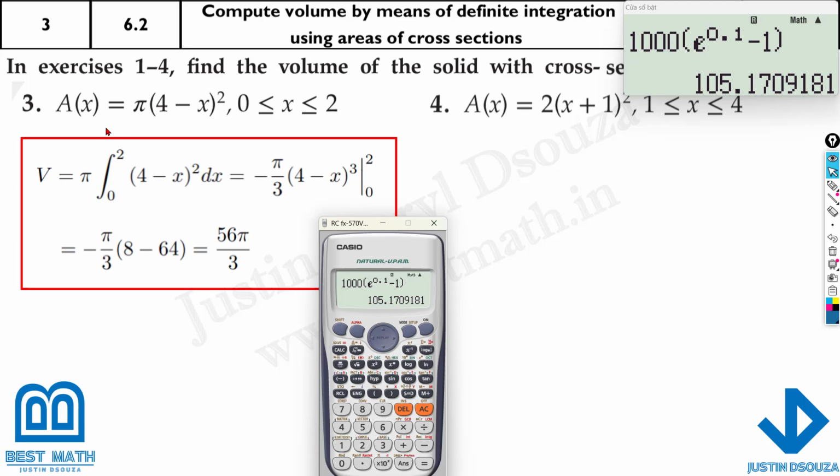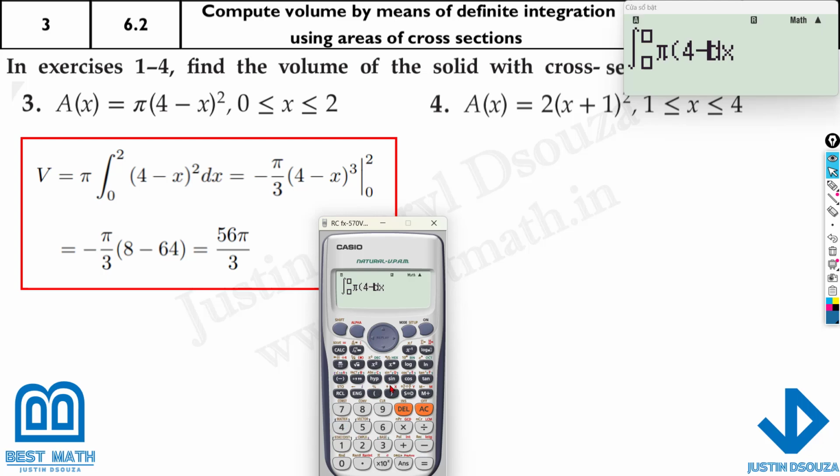Even over here, now let's see, make sure it's in radian mode because you have pi here. Integral, pi is shift and the symbol here. Open the bracket, 4 minus x. Sorry, it's 4 minus x, close the bracket, and then we square it up from 0 to 2. If you want to convert to radian mode, shift mode and then press 4, it will be in radians.